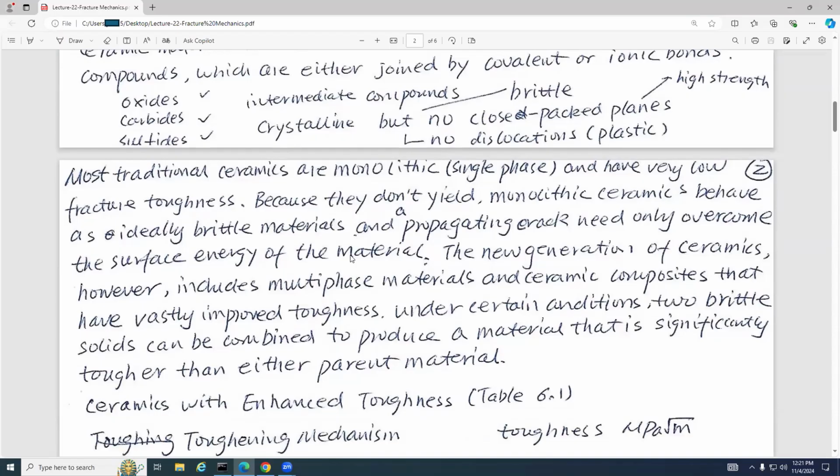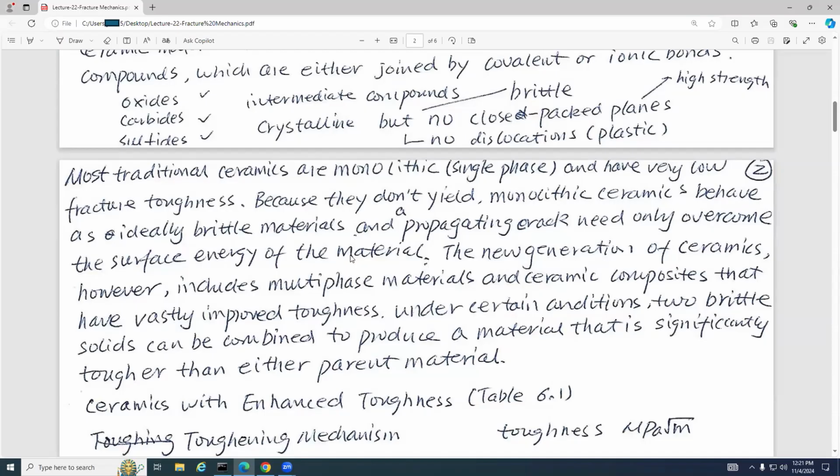So that means no yielding, only elastic behavior, and then they are very brittle, and a propagating crack only needs to overcome the surface energy of the material. We know that in order for a sample to crack, we need to overcome several things. The most important is the surface energy of the material, because you are going to produce new surface.